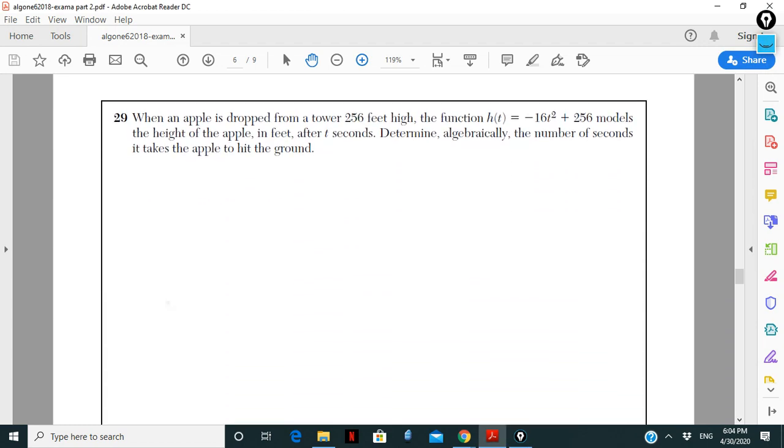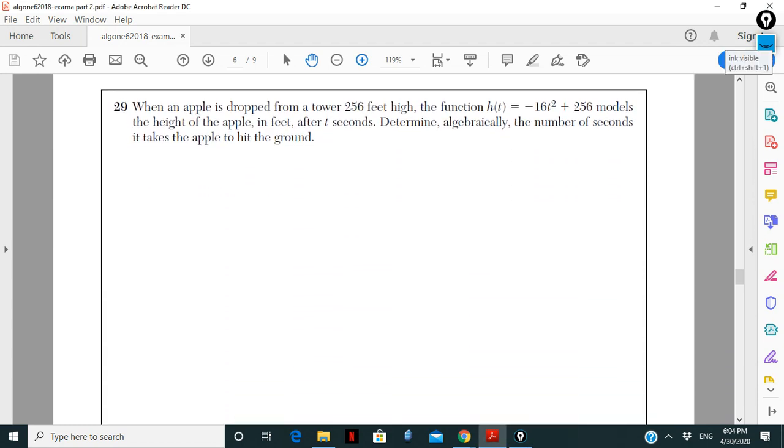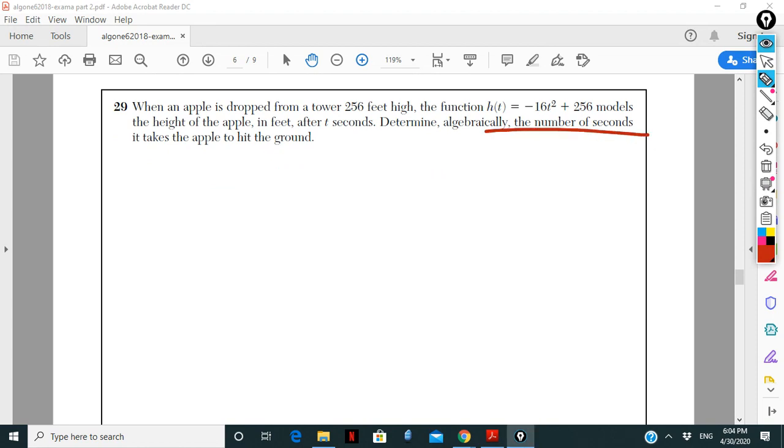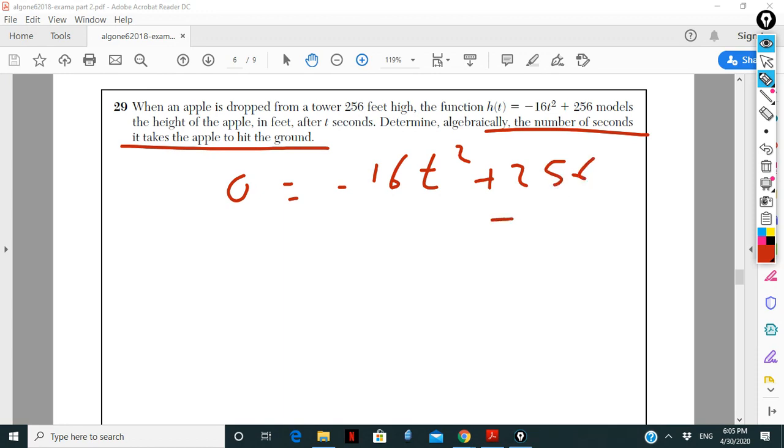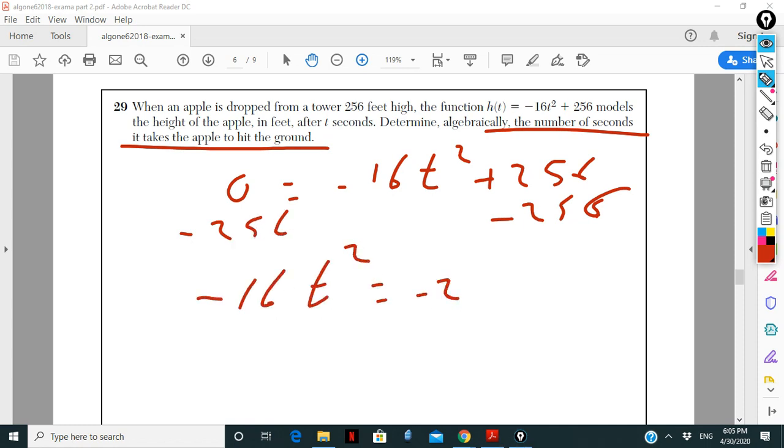Question number 29. Now we want to determine the number of seconds it takes to land on the ground. That means h equals 0, so I'm going to work with 0. 0 minus 256, giving me negative 16t squared equals negative 256, divided by negative 16.